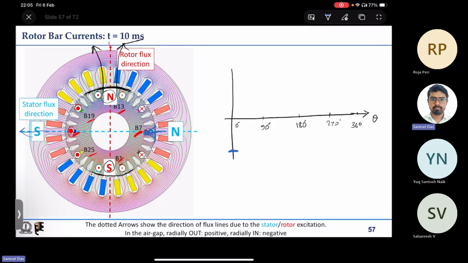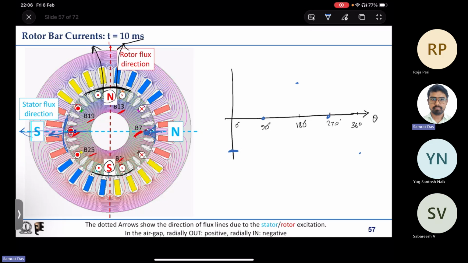Now if I go to theta equal to 90 degree, it is exactly 90 degree to the field direction, so there is no field, it is 0. At theta equal to 180 degree, the stator flux is radially outward, so it has peak field, and again at 270 degree it is 0, and at 360 degree it is coming back to the negative peak.